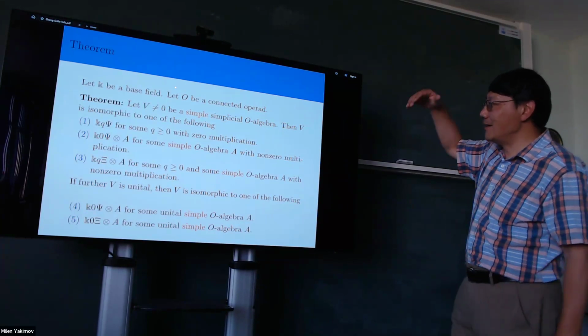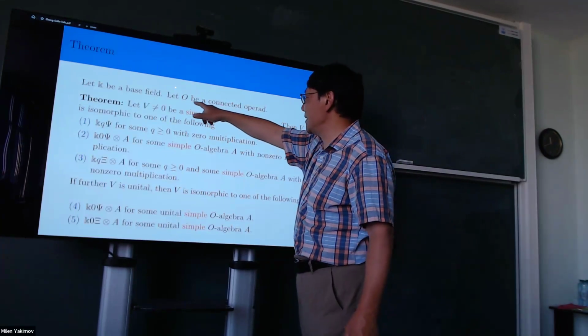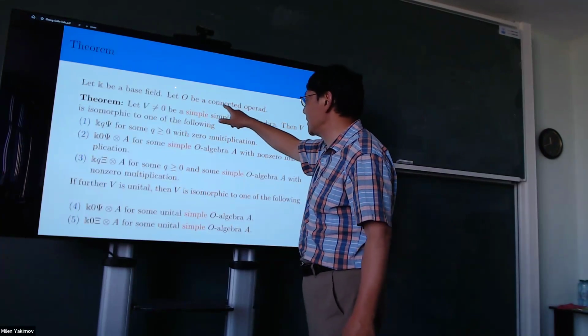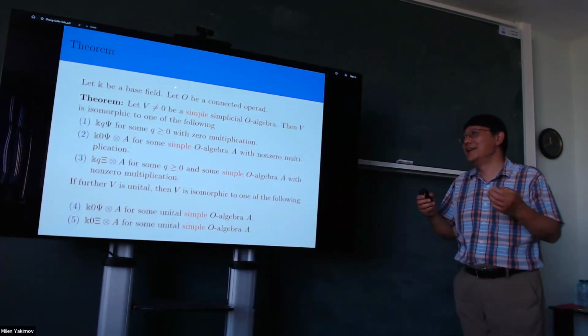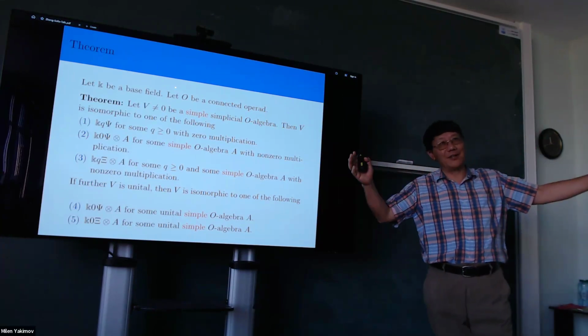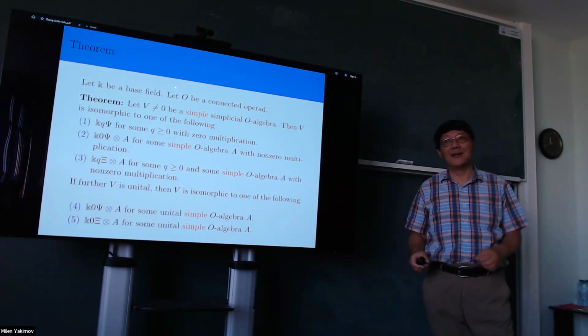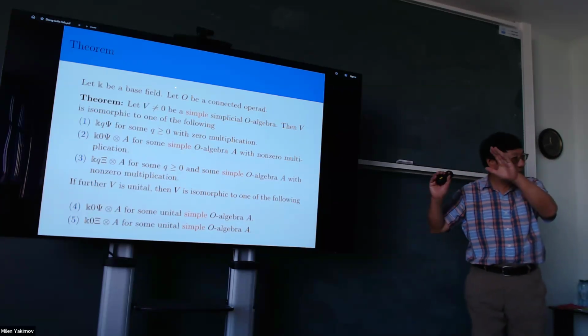I left one hypothesis, O being a connected operad, outside of the theorem. The solution for this is that, first of all, the theorem applies to broader algebras. If we have a G-equivariant O-algebra, this is still fine.